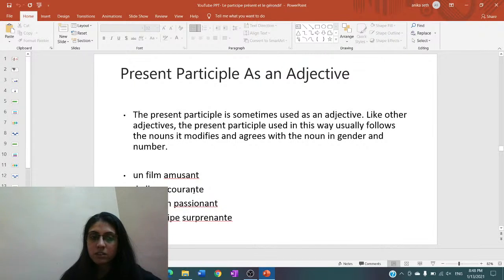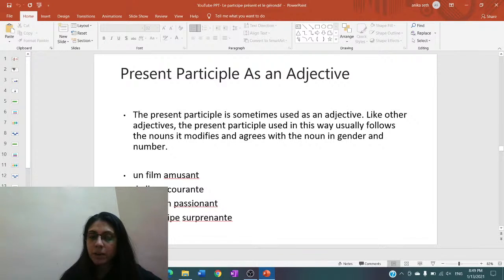See the second one. De l'eau courante means running water. So de l'eau courante, eau is feminine, courante with E. Un match passionnant. Passionnant, le participe présent comme un adjectif.